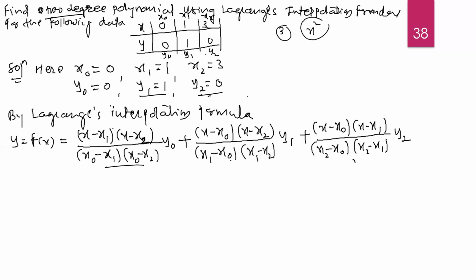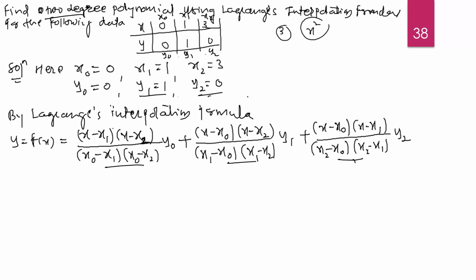See, 1, 2, 3. In the first term, x0 is not there in the numerator: x minus x1 into x minus x2. In the denominator, write the formula as it is, only instead of x write x0: x0 minus x1 into x0 minus x2, into y0, plus.